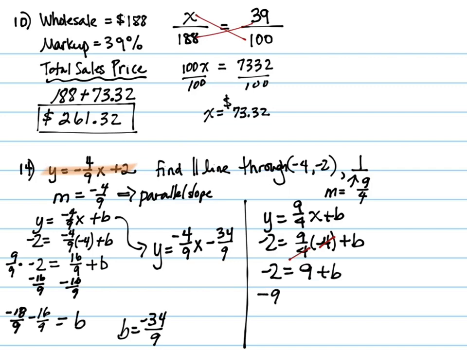And if I subtract 9, what will b equal? -11, yep. So my equation then from here is y equals 9/4 x minus 11. Is that okay, Megan?